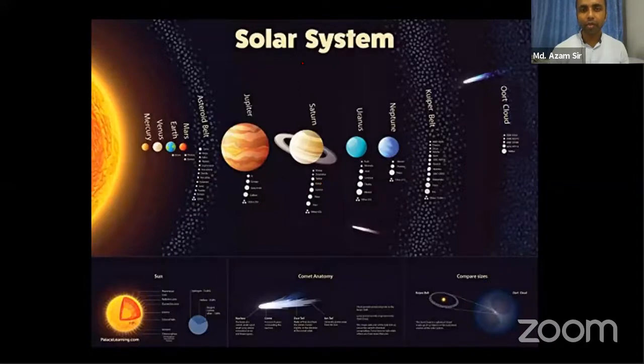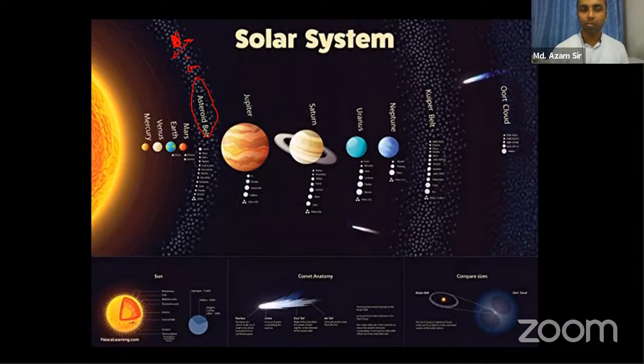If we just have a look at the solar system, look at the sequence of the planets. The very first one, Mercury, Venus, Earth, Mars. After that, we have an asteroid belt. These are nothing but small or big rocks only. They could be as small as a few centimeters, or as big as hundreds of thousands of kilometers.